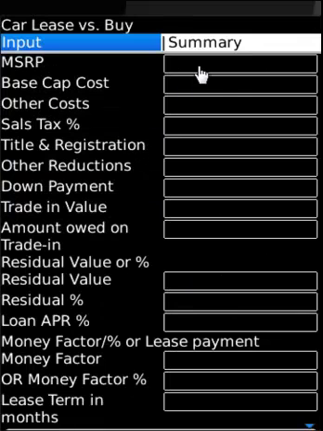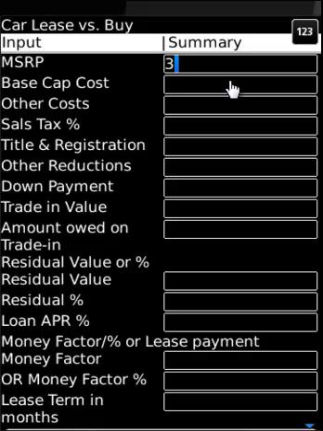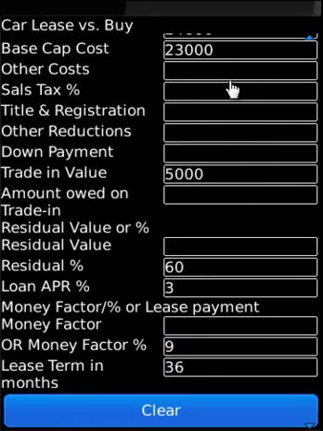Okay, so lease versus buy. So again, 24,600, and this is 23,000. This is the negotiated price, and your trade-in value is 5,000, and you have a residual value of 60%, say 3% loan, and the money factor is 9% interest, so 36 months.